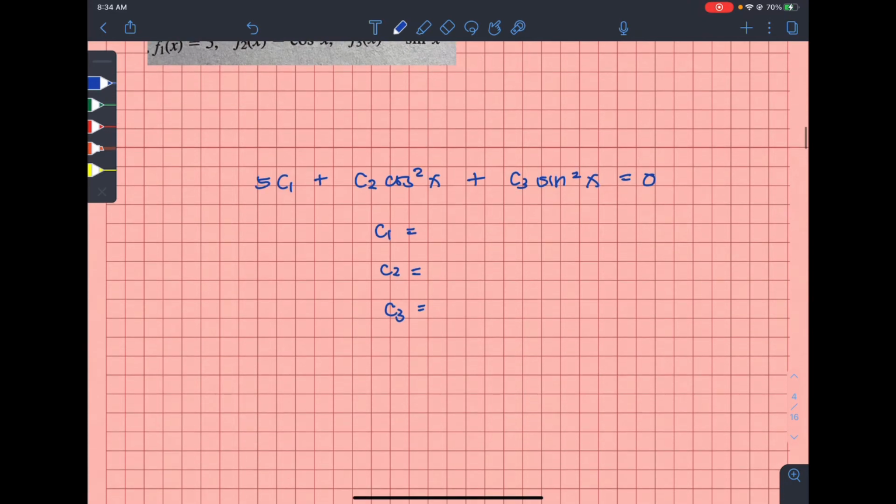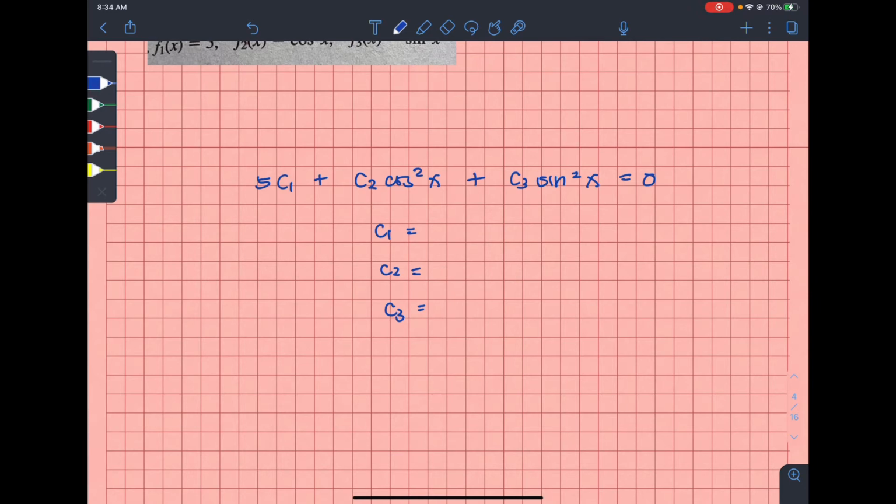So as you can see here, we have 5 multiplied with C sub 1, and then cosine squared x and sine squared x, so once we combine them, that will form a Pythagorean identity, which is equivalent to 1, right?